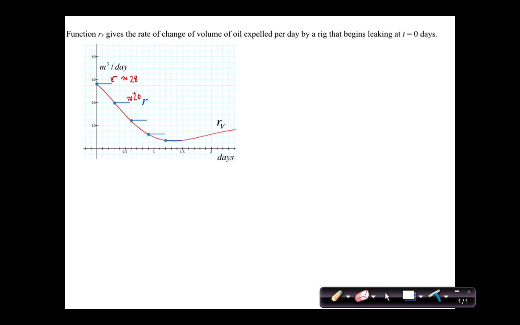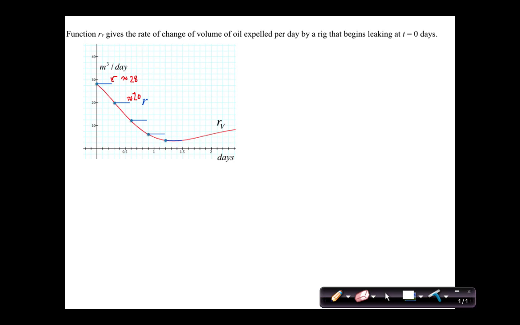So, meaning for the first 0.3 days, we're talking about oil being expelled at a rate of 28 cubic meters per day. Since we're measuring how much has spilled, not how much is left in the boat, that's why these are positive rates. You can also see in the picture they're listed as positive rates, but it's drawn this way because we're not tracking how much is left in the tanker, we're tracking how much has spilled.